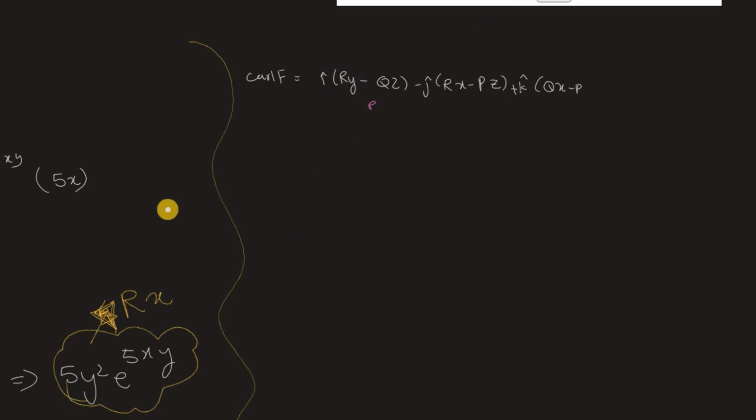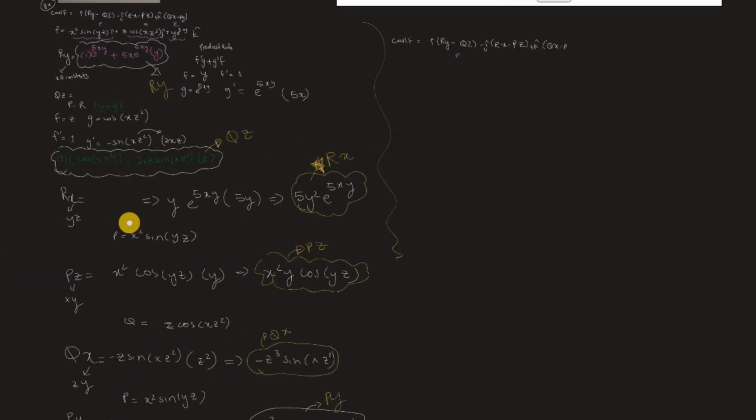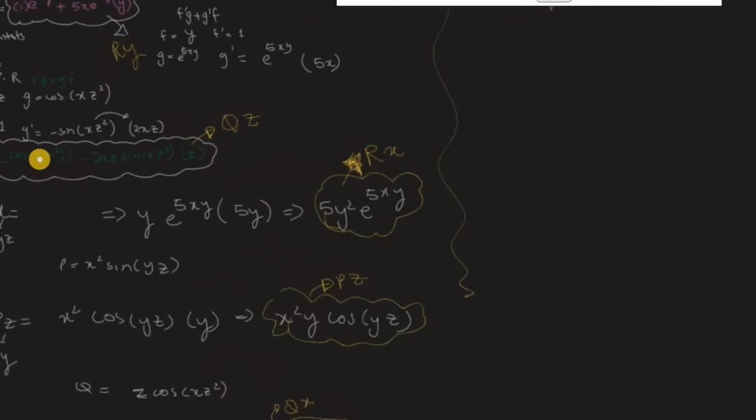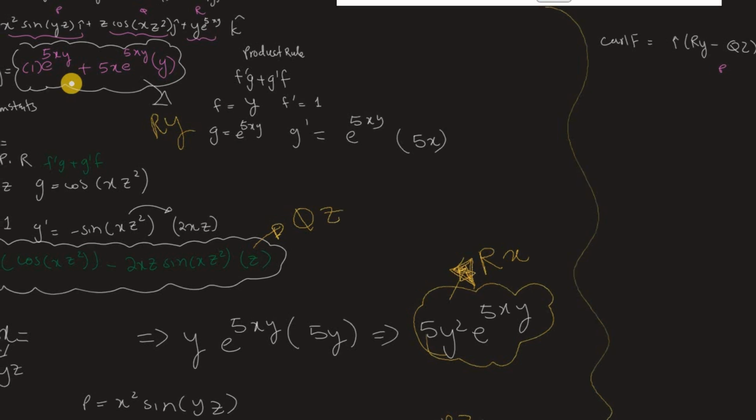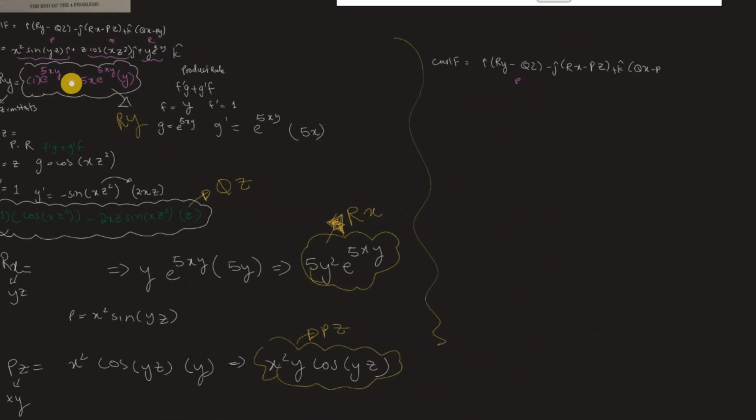Let's go ahead and put everything together. So first we have ry. We already calculated ry, so we have this value as our ry. Let's put this over here. So we have e to the 5xy plus 5x e to the 5xy, and y again. And then we're going to subtract qz. Where's qz? This is our value for qz.